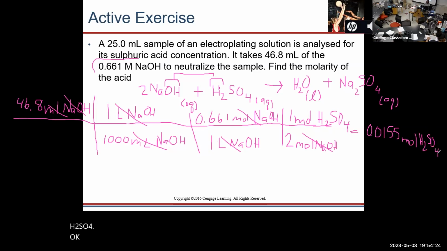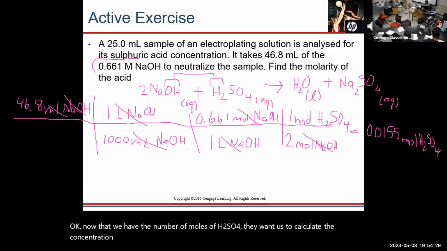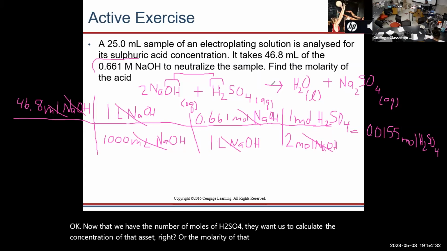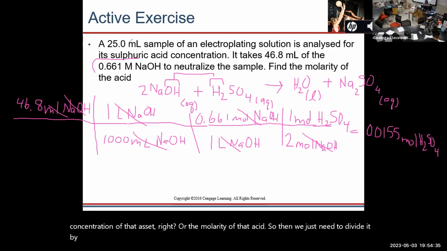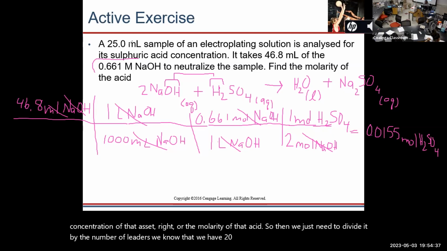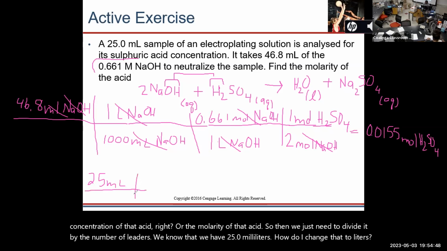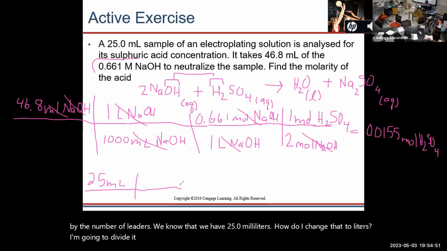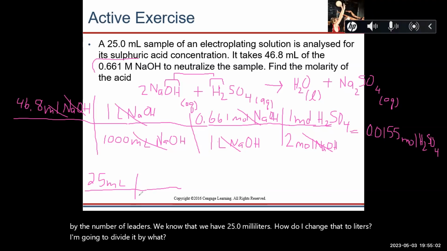Okay, now that we have the number of moles of H2SO4, they want us to calculate the concentration of that acid, right? Or the molarity of that acid. So then we just need to divide it by the number of liters. We know that we have 25.0 milliliters. How do I change that to liters? I'm going to divide it by what? 1,000.